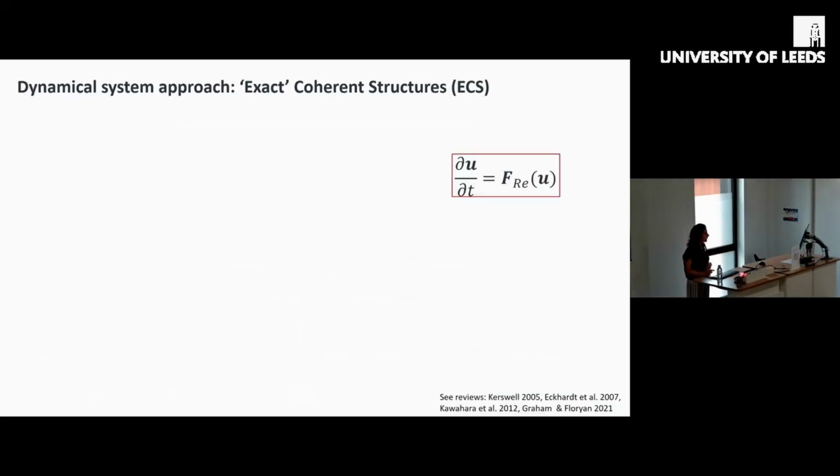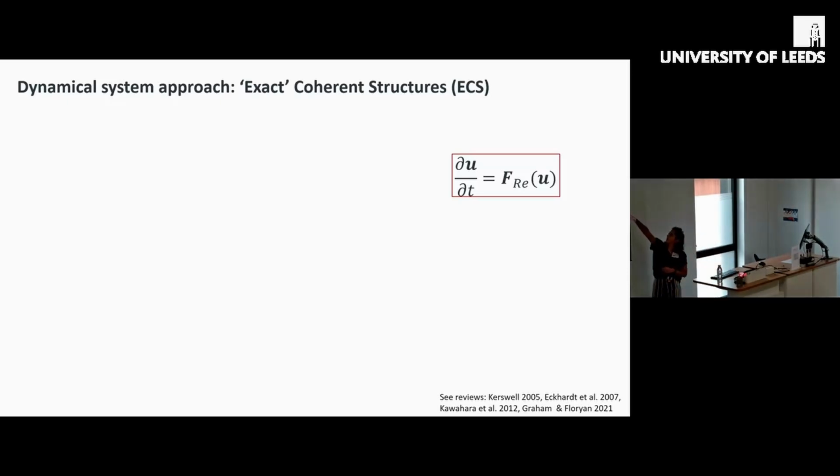So this highly nonlinear picture has been fairly recently rationalized through ideas taken from dynamical systems theory, as was also mentioned before. Here we analyze the flow as a huge, formally infinite-dimensional dynamical system.